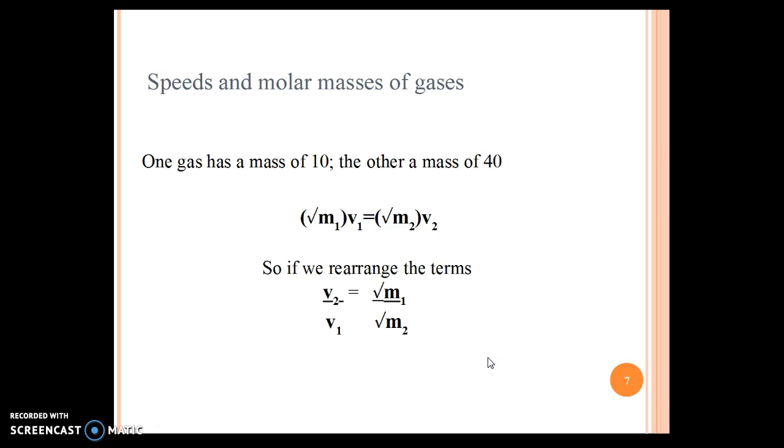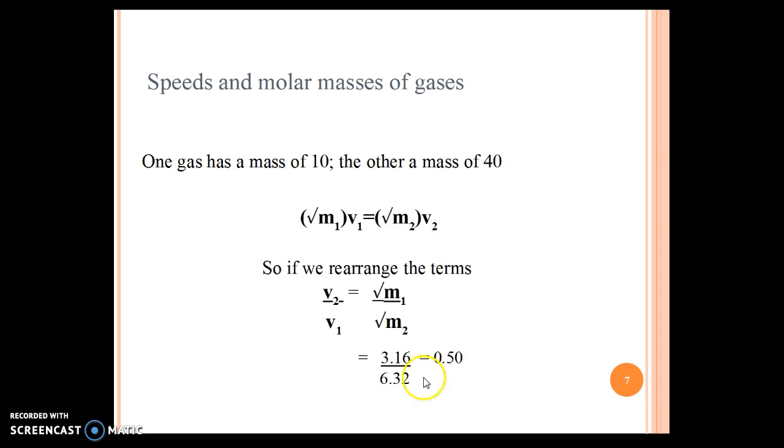Then, if we arrange the terms in a different way, dividing both sides by v1, for instance, and then dividing both sides by the square root of m2, we get v2 divided by v1 equals the square root of m1 divided by the square root of m2.